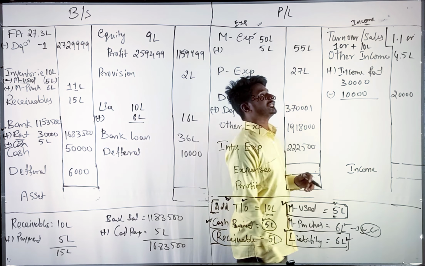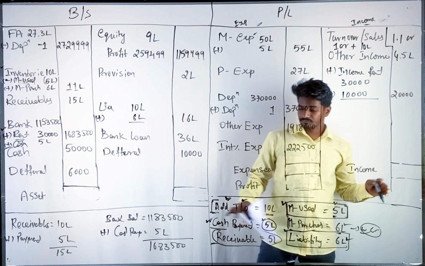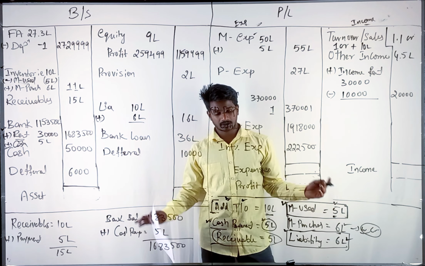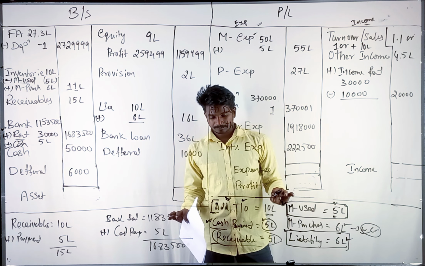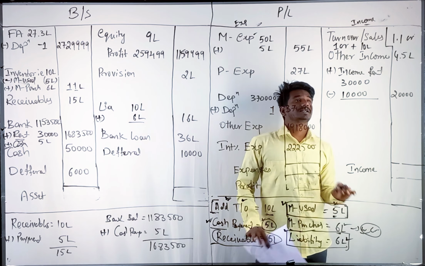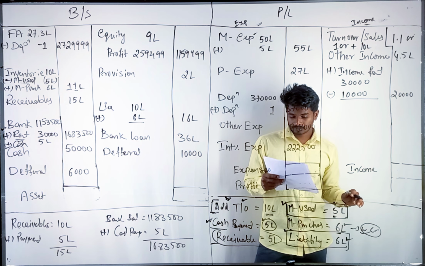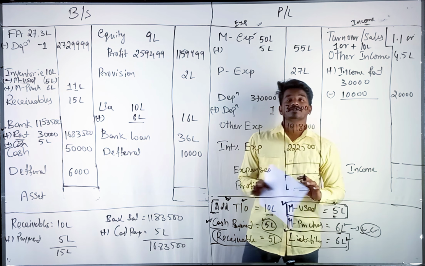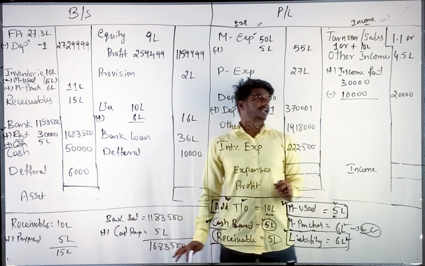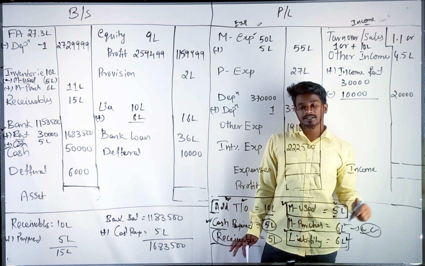Okay. Is there any change in other income? Do we have any other incomes? No, there is no other income. Fine. Shall we total the P&L?